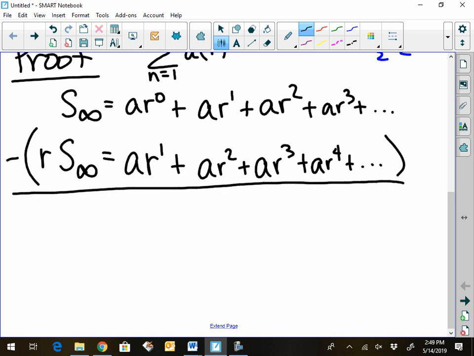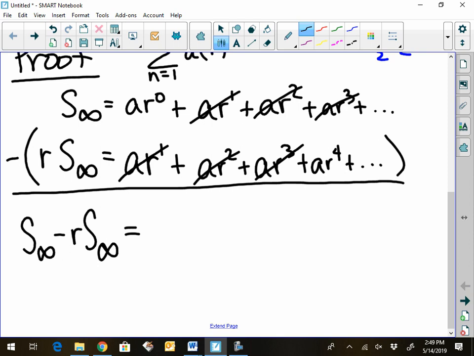So when we subtract s sub infinity minus r s sub infinity, and then when we subtract the rest of these terms, we can cancel out the ar1, ar squared, ar cubed. We would have an ar to the 4th over here.